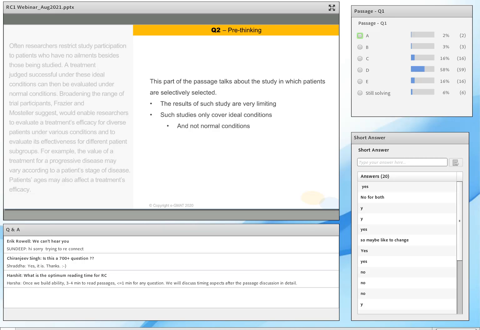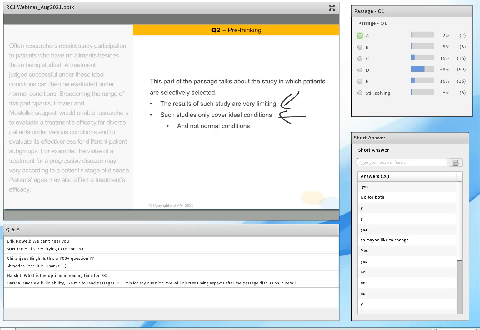Over there, we made this inference that the results of the current clinical trials are very limited in their application. The second thing is that they are only done in ideal conditions, because they only incorporate people who have only that particular ailment. So these were the two points that we could make about those studies in which only people suffering from that disease are taken.